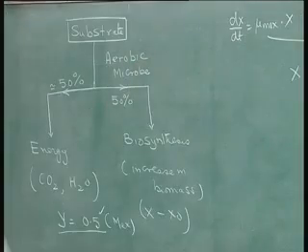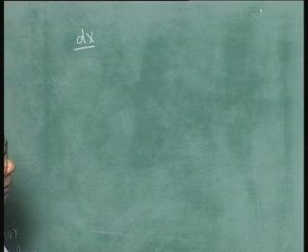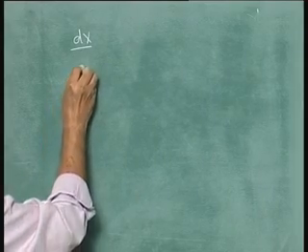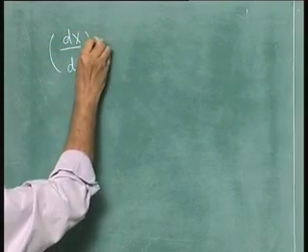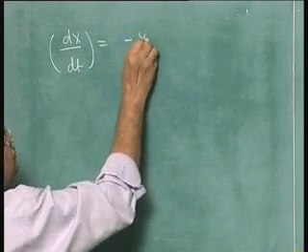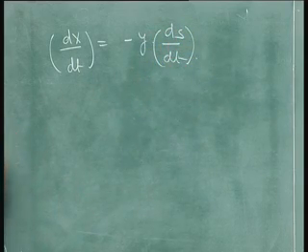Continuing our discussion of the yield coefficient, from that equation, dx by dt is equal to minus y times ds by dt.